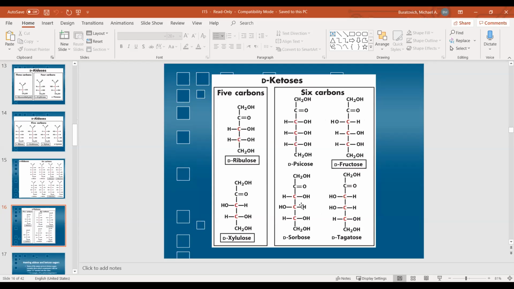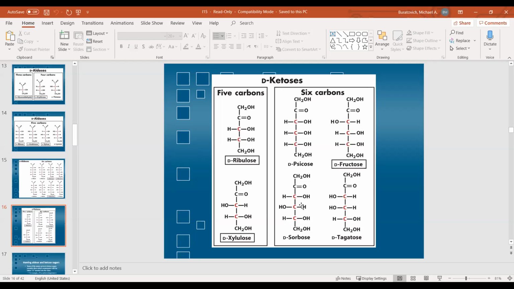Now we come to the ketoses. There are no C4 ketoses. There are, however, C5 ketoses. So you have a ketopentose, you have ribulose and xylulose.